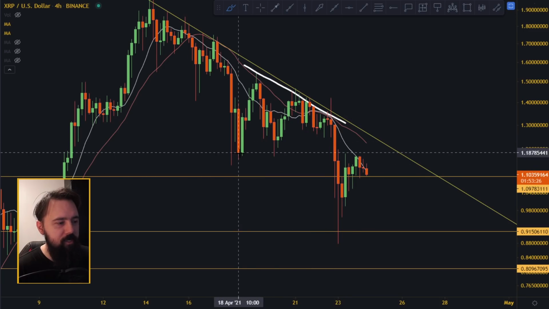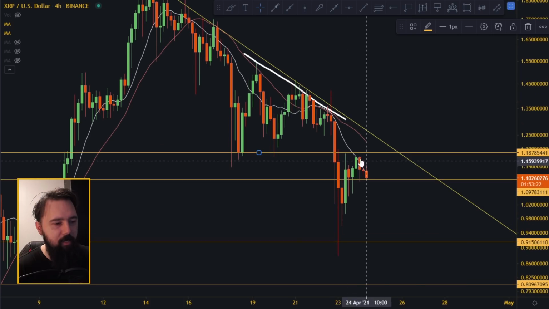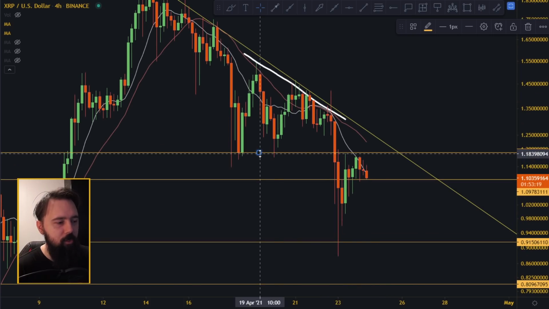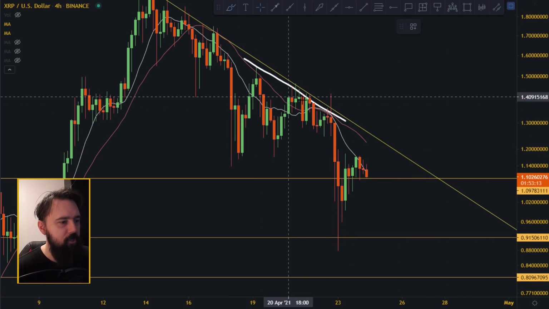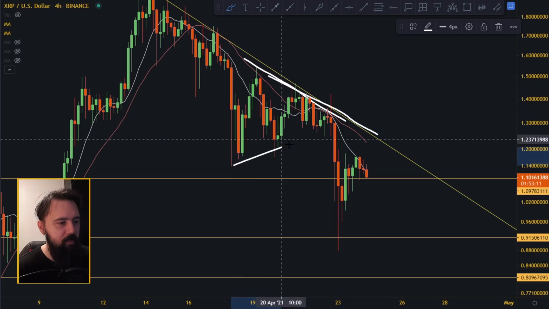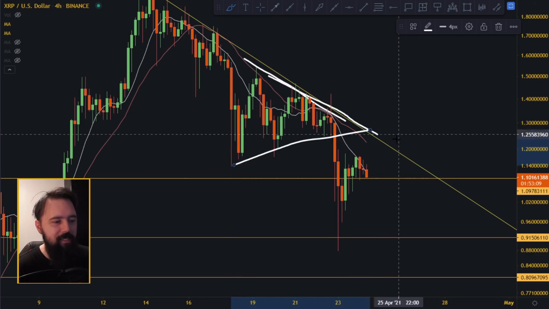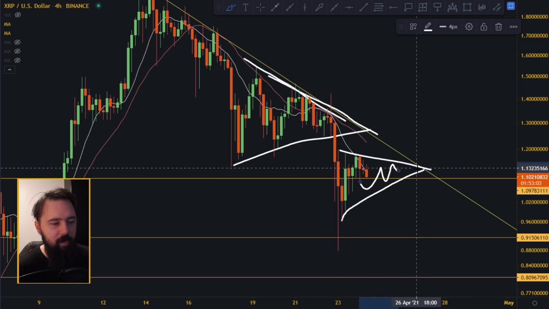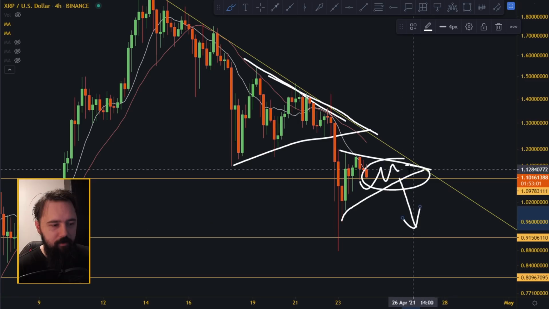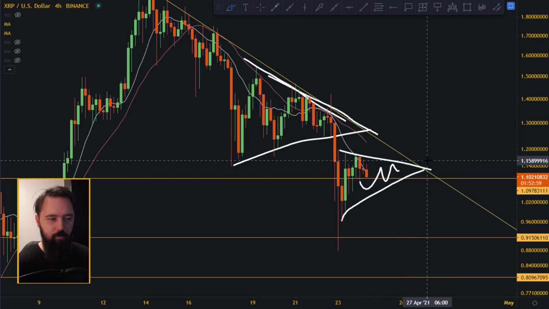But what you can see is this bottom over here is actually acting as some kind of resistance up here as well. So until we actually start getting above these levels, we are not quite bullish. Since the first time we had this symmetrical pattern, that might also be the case here, that we are going to form something like that. And whatever happens at the end of it, down or up, we're gonna find out at the end.